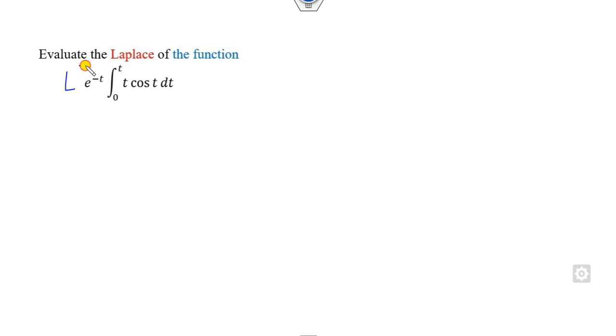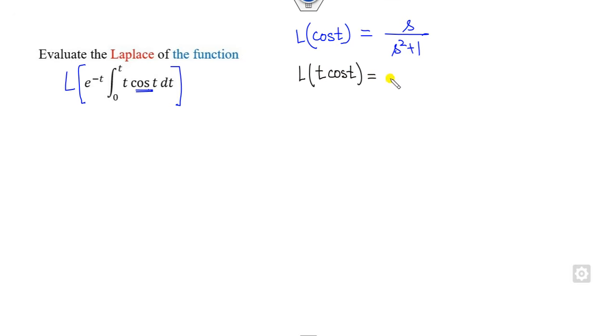Again here, you have to go step by step. Firstly find the Laplace of cos t. So the Laplace of cos t is s over s square plus 1. Then I can multiply by t. That means it is minus 1 raised to power 1, first derivative of this. So can you find the first derivative of this?